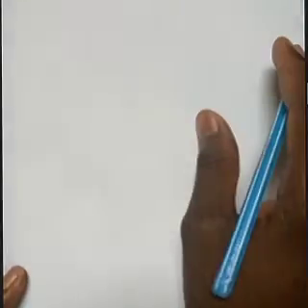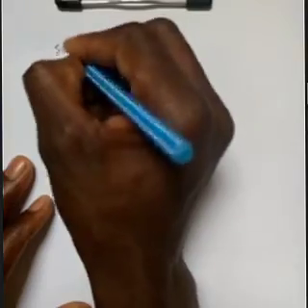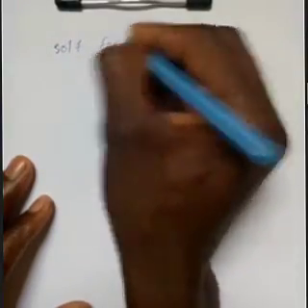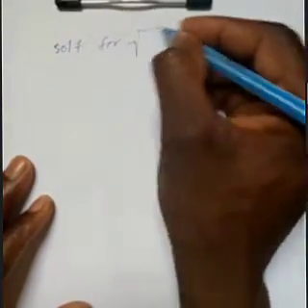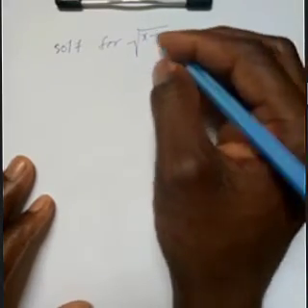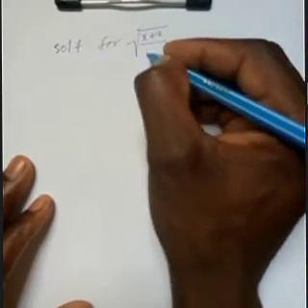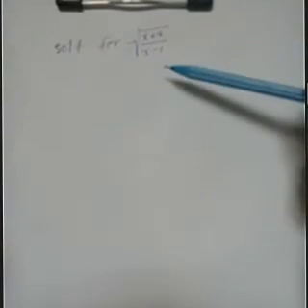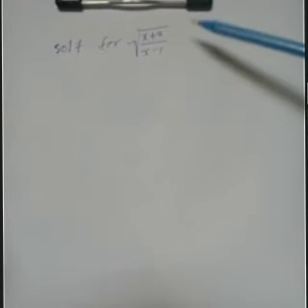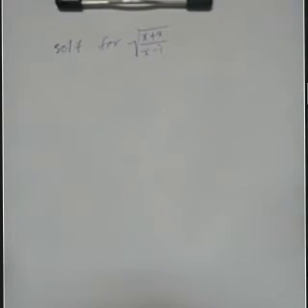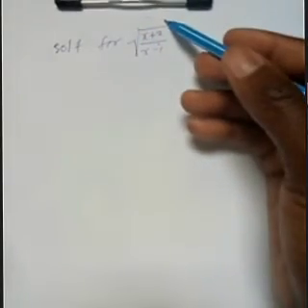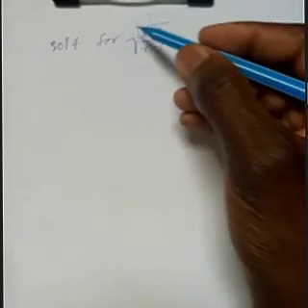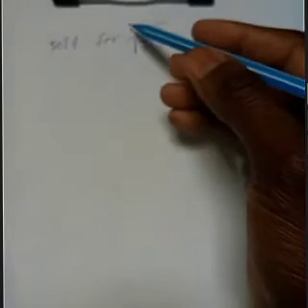Okay, so the example can be like this. Solve for the root of x plus 2 over x minus 1. If you see something like this in your paper, smile. This is very simple. First of all, this is an even root, because it doesn't have any index. If they put 10, that is even, 20, that is even.